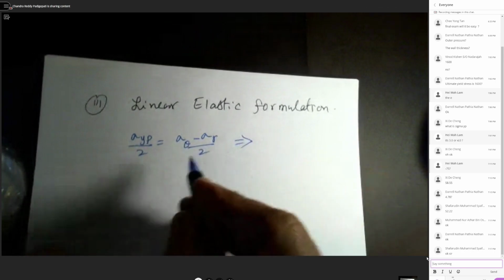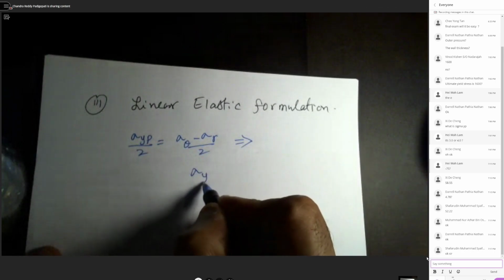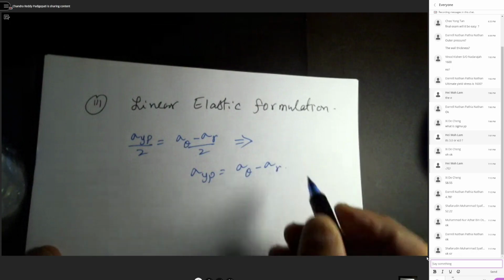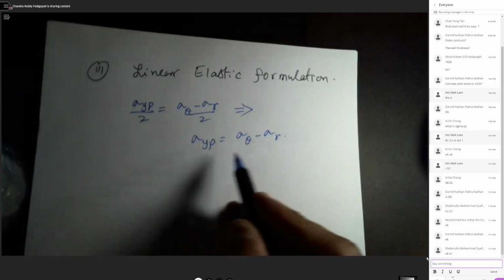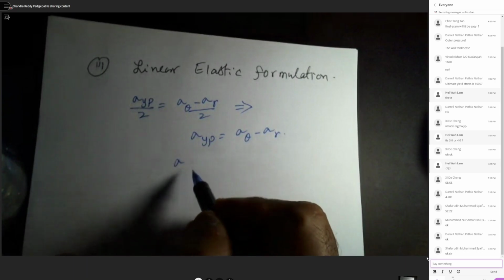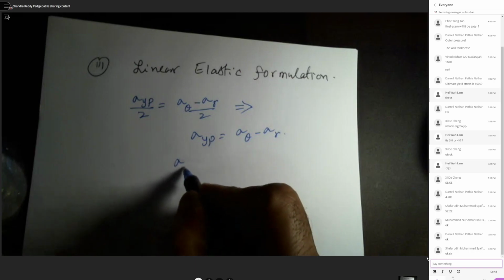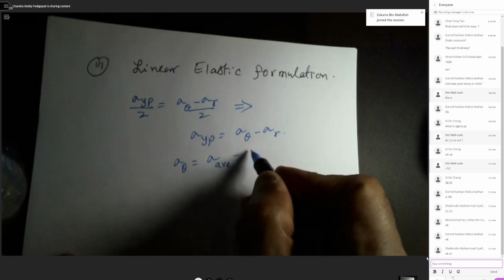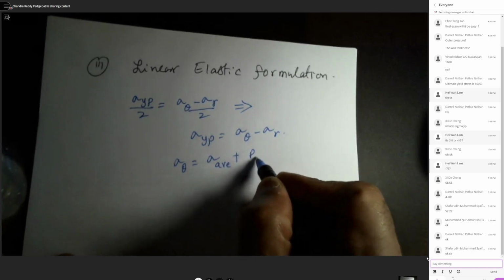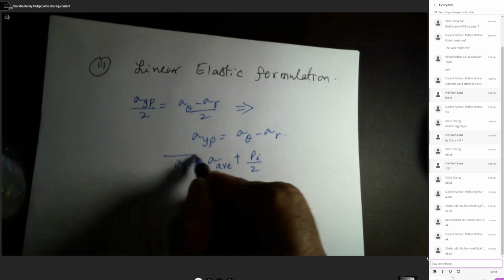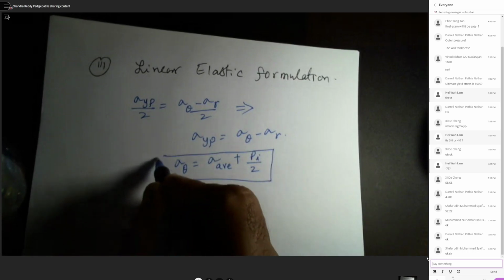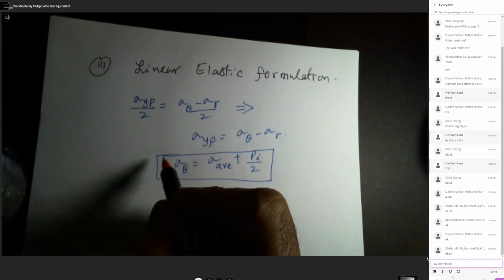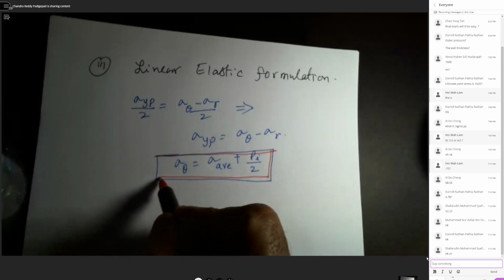So this means that sigma yp is sigma theta minus sigma r. But we know sigma theta is sigma average plus pi over 2. So this is the formula for the linear elastic formulation.